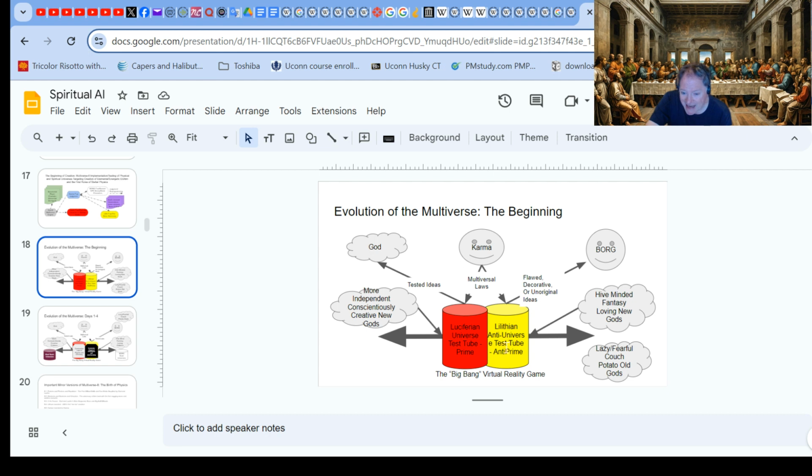And once we got to this layer of creation, new gods that resulted from doing special things, proving ideas within one of these two universes, the prime or anti-prime universes, I call them, of the Big Bang, they would get promoted to be spiritual gods and have their own universe.